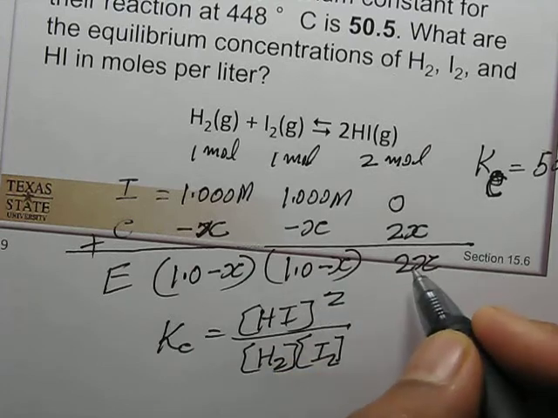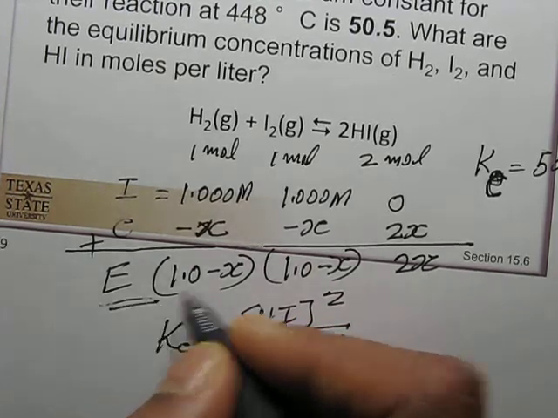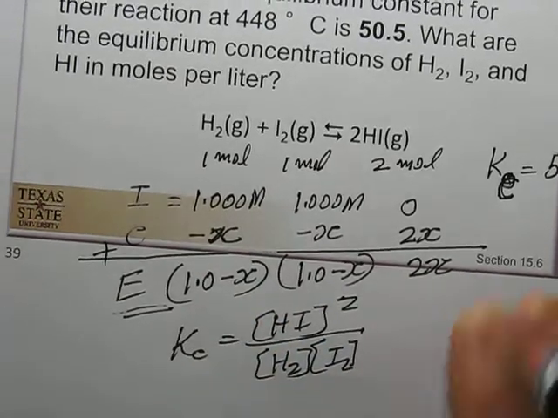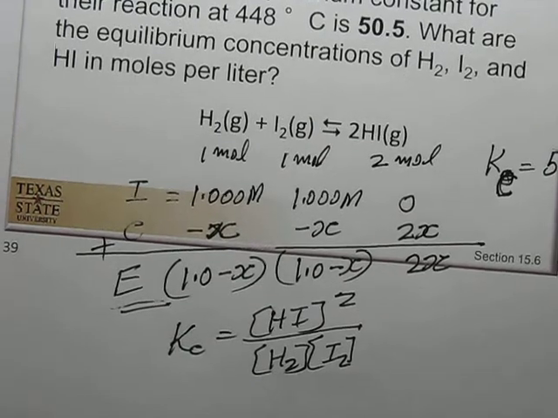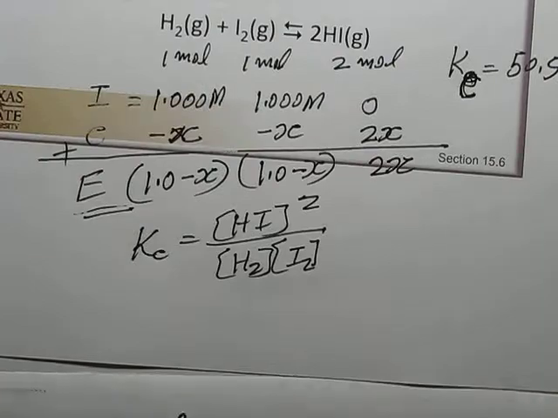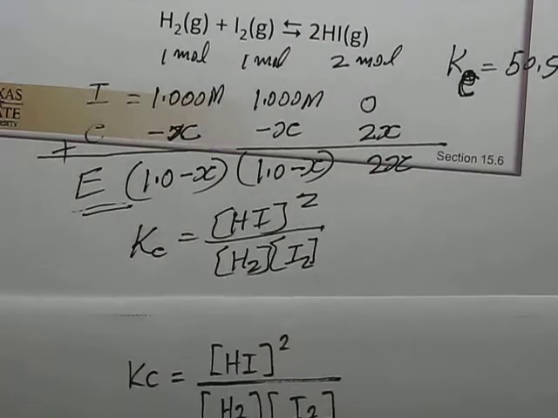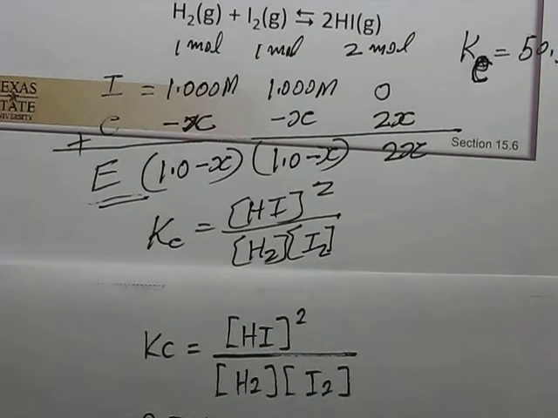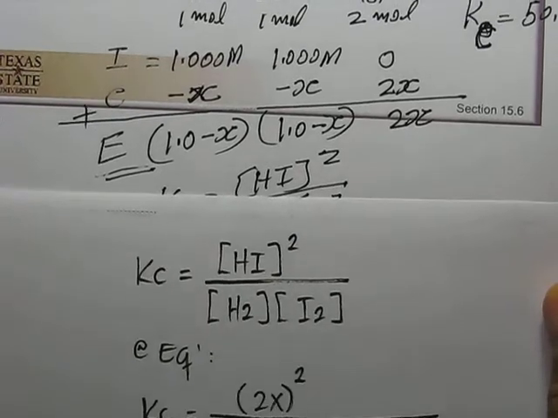Now we can place all these values. So the equilibrium concentrations we are going to add. I have already calculated and solved this one, so I'm going to narrate this equation from here.